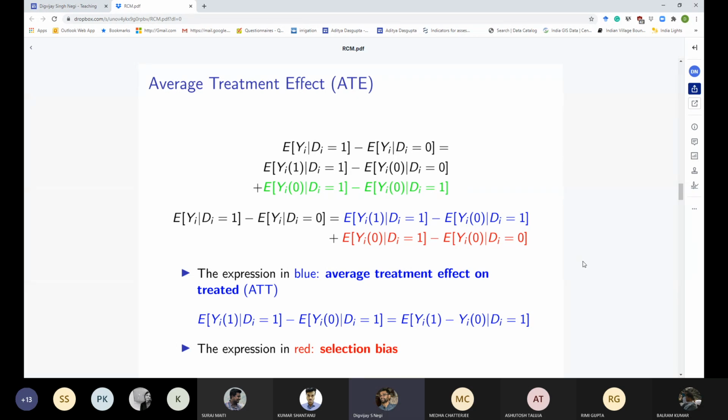Then you can see why selection bias would be a major problem, because Hindus and non-Hindus, your religion is not randomly assigned, right?